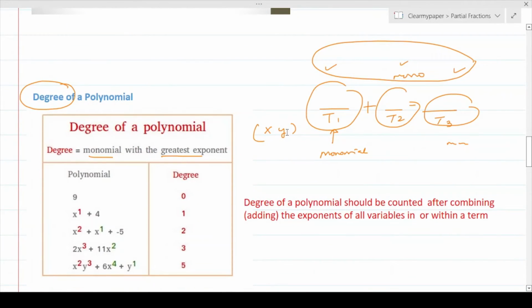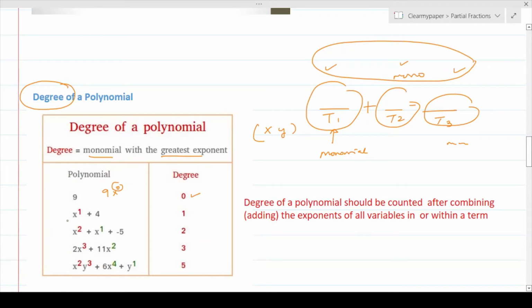So what does 9 mean? 9 can also be written as 9 into an unknown variable raised to the power 0. That's also okay. So in this case, it is just one term, just one monomial, there are no other terms. And what is the highest exponent of that one term? x raised to 0, the exponent is 0. So the degree of this whole polynomial becomes 0. That's how you compute it.